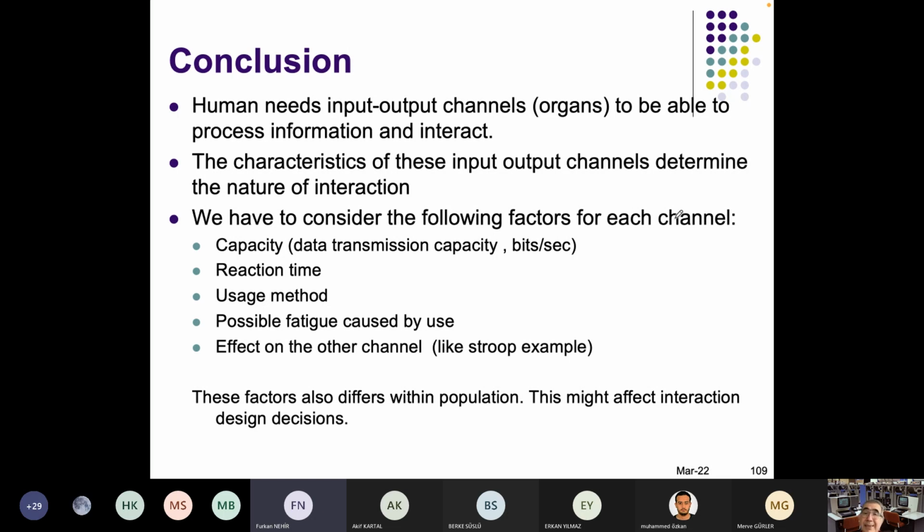Therefore, a heat interface cannot be used for conveying information. But touch is fine. But if you are going to warn somebody as early as possible, in a very fast way, you want to reduce the response time, then use sound together with the other channels.